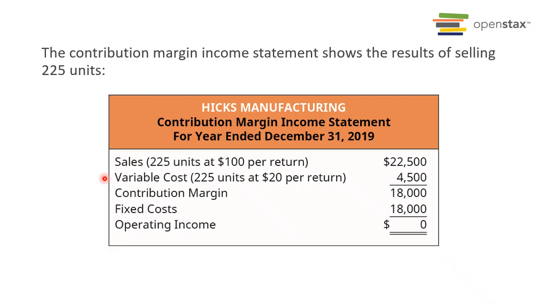Variable cost, 225 units at $20 per unit, $4,500 in variable cost, would leave them, after subtracting, $18,000 in contribution margin, minus $18,000 in fixed costs gives them an operating income of $0.